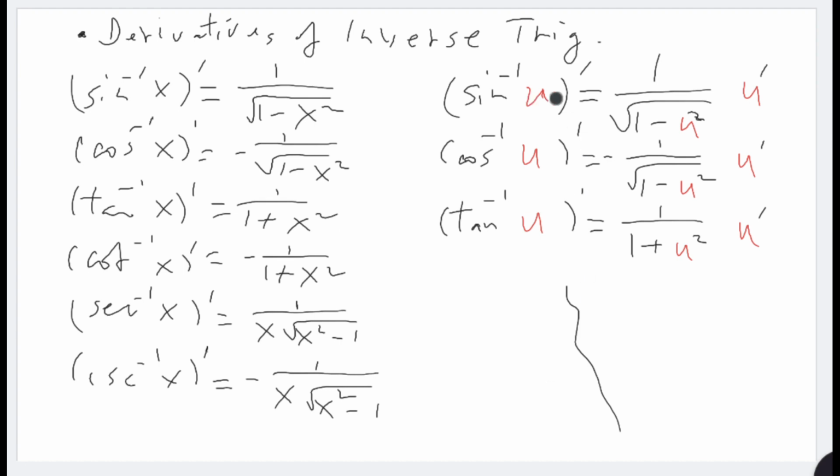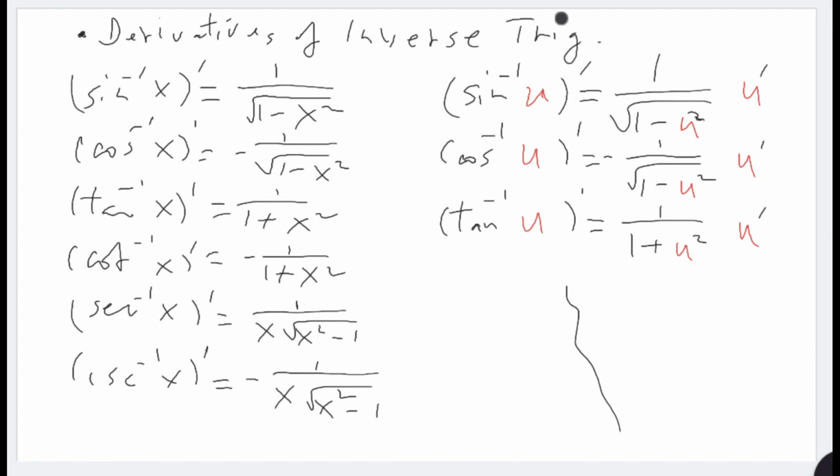Now, in this general u version, what would be the derivative? Well, you basically use this formula as a model. Replace the x by u. So this is u, this is u, here u squared, and u prime. The reason we got this is basically because of chain rule. If you don't want to think of a chain rule, just use this as the formula, the u version of inverse sine.